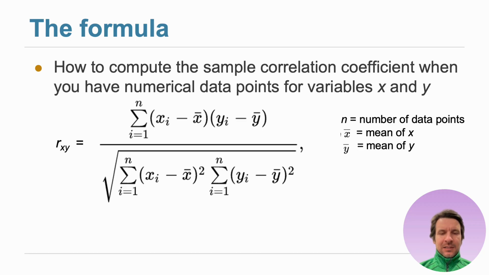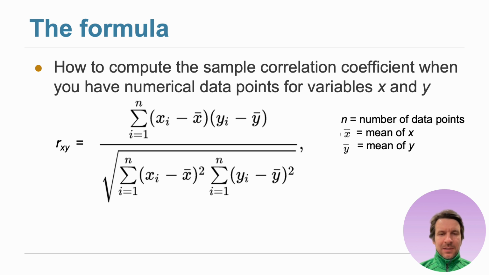And what's in the denominator? In the denominator there is a square root of a product of two things. You take all the differences from x to the mean squared and sum them up, and multiply it with all the differences between y_i and the mean of y squared, summed up. And then you take the square root.